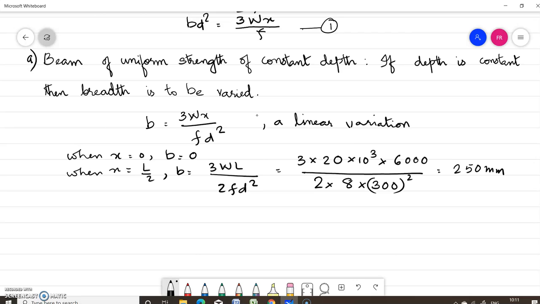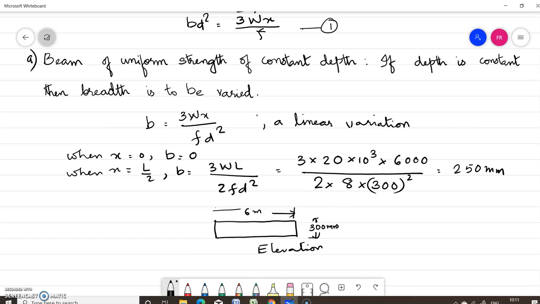So how can you draw the figure? If you draw the elevation, the depth remains constant. So this is the elevation. Depth is equal to 300 millimeter and the span of the beam is 6 meter.